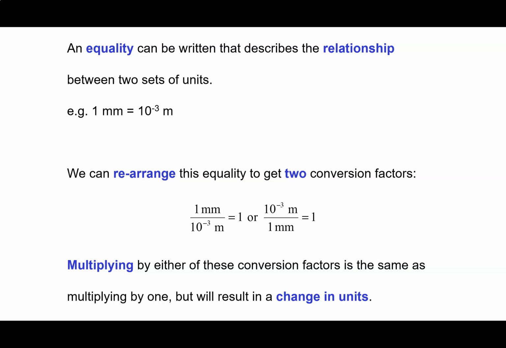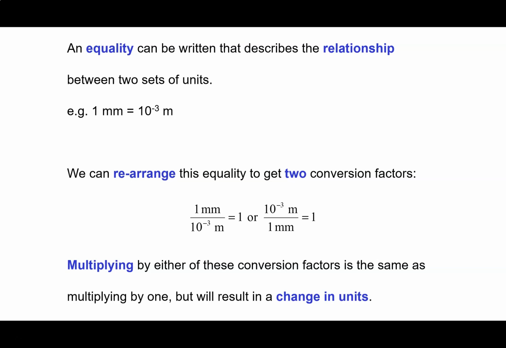So now we move on to the major part of this chapter, which is concerned with unit conversions. Again, it's a very brief review of what we did in Chemistry 139. It's important to realize that if we have 2 sets of units, we can write a relationship called an equality that relates those 2 sets of units.